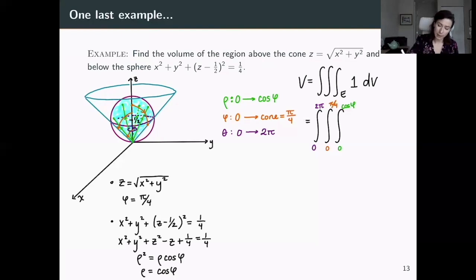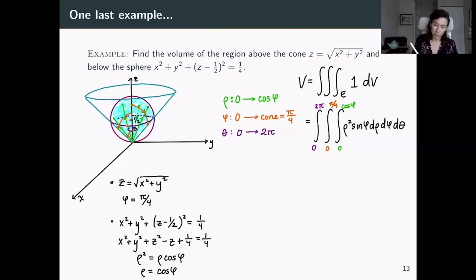We're then left with 1 dV, or because we have our entire expression for dV, it's rho squared sine phi d rho d phi d theta. This is the volume. We now need to go ahead and evaluate this volume as a triple integral.